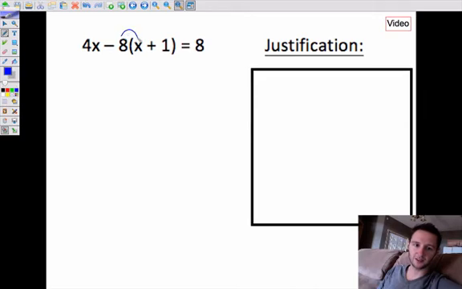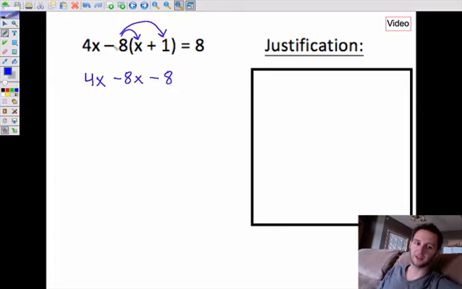Okay. In this next example, we do have parentheses, so the first thing I'm going to need to do is the distributive property to eliminate the parentheses. So I'm just going to copy down the whole rest of this. 4x, and then this turns into a negative 8x. And be careful, because this is where some of you I saw were going wrong on LT1. If I have a minus 8 here, and then I'm going to take that and multiply it by 1, this is actually going to become a minus 8.